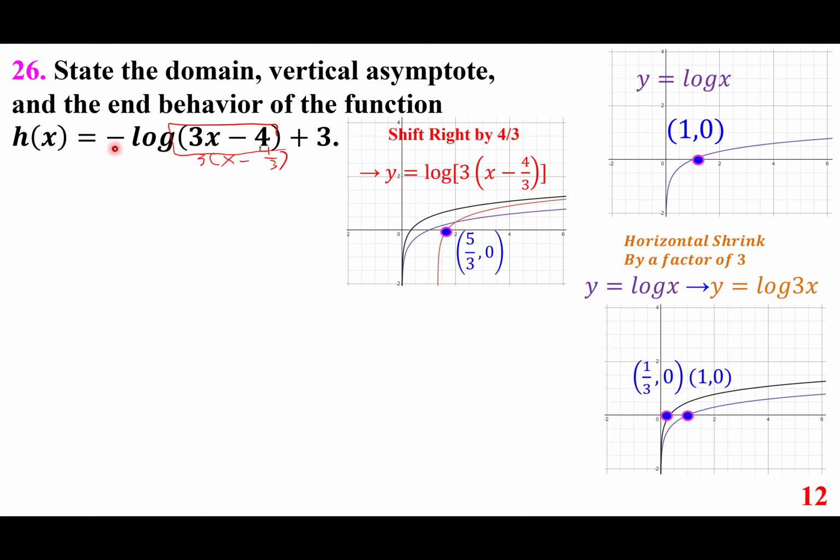Now we have this negative sign to work on.